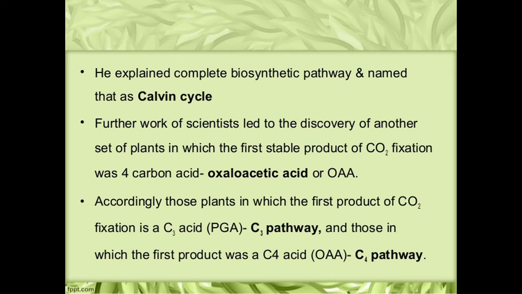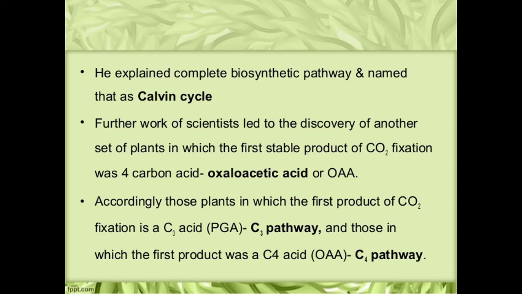And some of the PGA is converted to sugar, but the balance is utilized for regeneration of RuBP. The cyclic pathway that uses phosphoglyceric acid to form other sugar phosphates and regeneration of RuBP is collectively known as Calvin cycle.